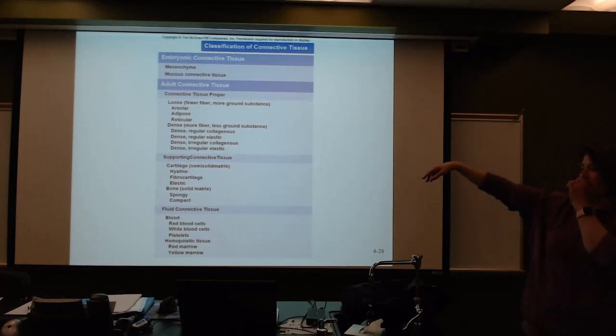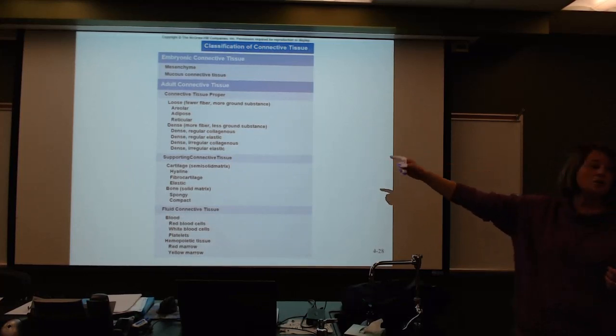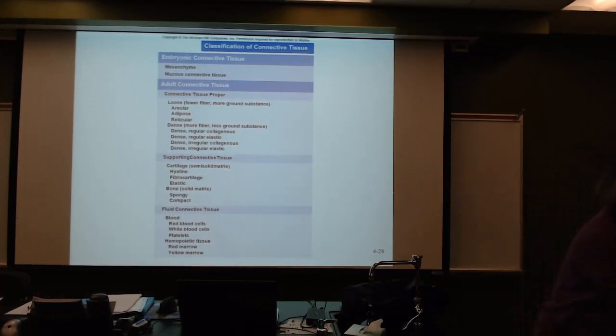Hyaline, like what you might find in the throat and in the esophagus and so forth. Fibrocartilage, what you would find in between vertebra, for example. Elastic, what you might find for the tip of the nose, the ear, okay?